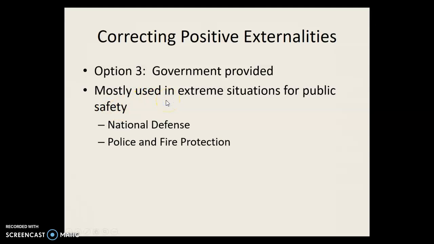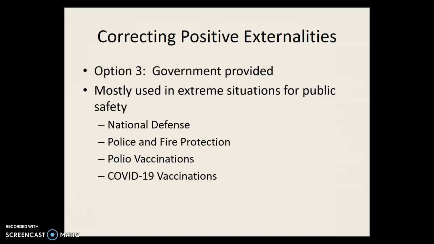Police and fire protection: same kind of thing. We talked about that in class. It would be feasible to have people pay for their police and fire protection, but that really doesn't make sense. There would always be free riders involved, so the government just provides police and fire protection for everyone. And more recently, vaccinations. Polio vaccinations back in the middle part of the 20th century and moving into the latter part of the 20th century: children had to receive polio vaccinations before they were allowed to go to school.